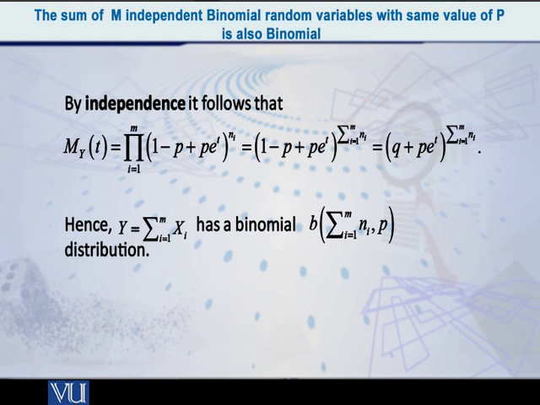Of course, it will be equal to (q plus p e raised to t) whole raised to n1 multiplied by (q plus p e raised to t) whole raised to n2 multiplied by (q plus p e raised to t) whole raised to n3 multiplied by so on, so on, so on, and in the end multiplied by (q plus p e raised to t) whole raised to nm.